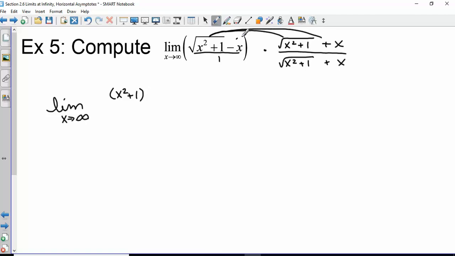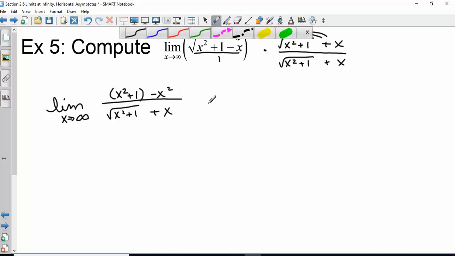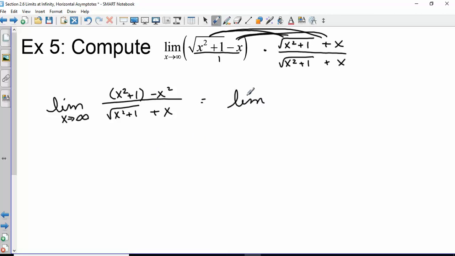The plus and the minus cancel, and we have minus x squared. On the bottom, 1 times anything is just that. We can simplify the top. The x squared drops, so we have 1 over.